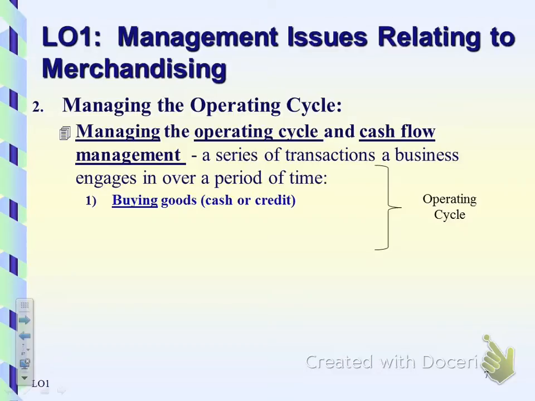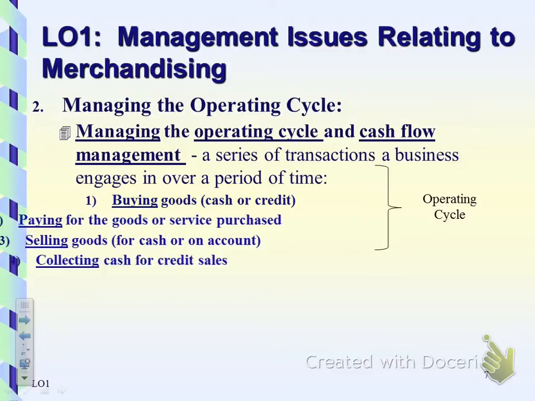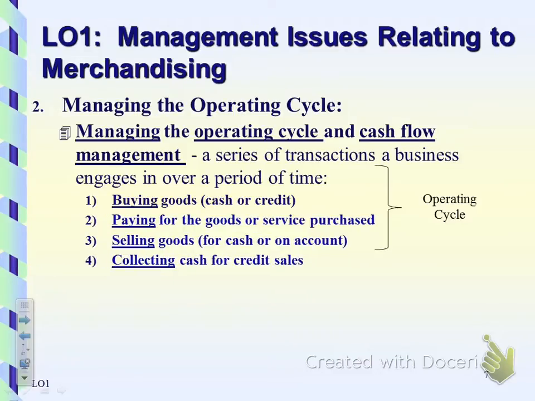That series of transactions starts with the buying of goods. They're going to either buy their goods for cash or credit. Credit would be on account. And then they have to be able to pay for those goods, sell those goods, and collect on any sales for things that they sold on account. So make sure they're collecting their accounts receivable. That combination of things is called the operating cycle.